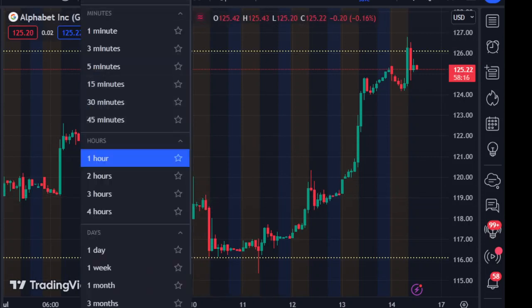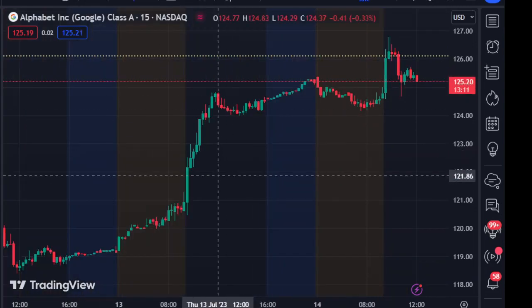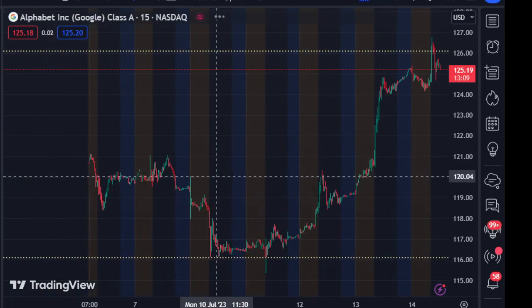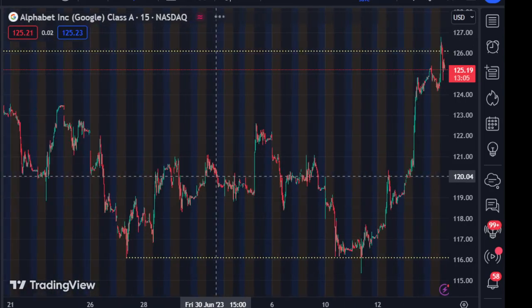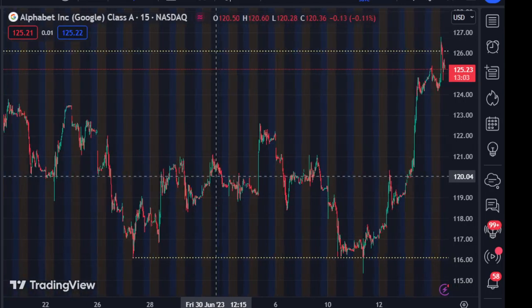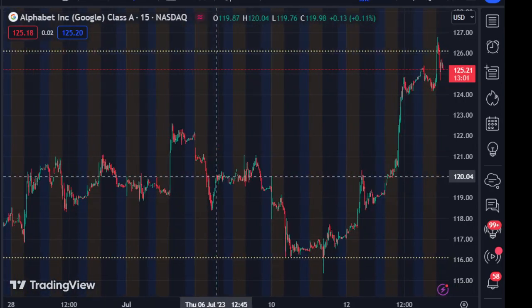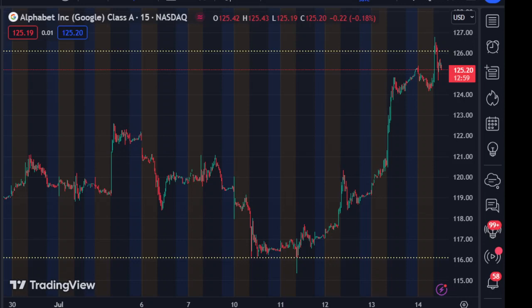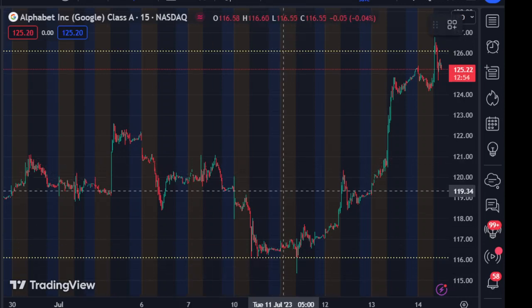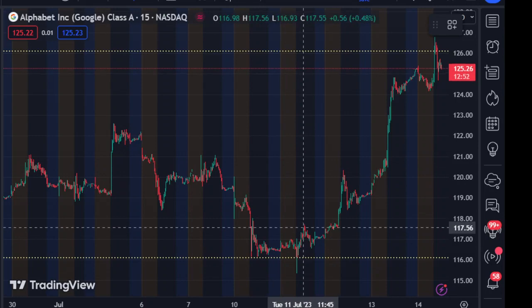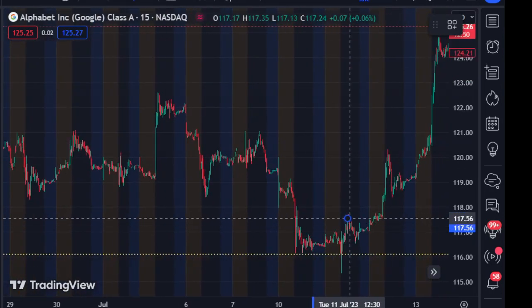Let me go to 1 hour. Let me go to 15 minutes so it will be more detailed. So if I had been long, I would have taken this liquidity, buy side liquidity right here.